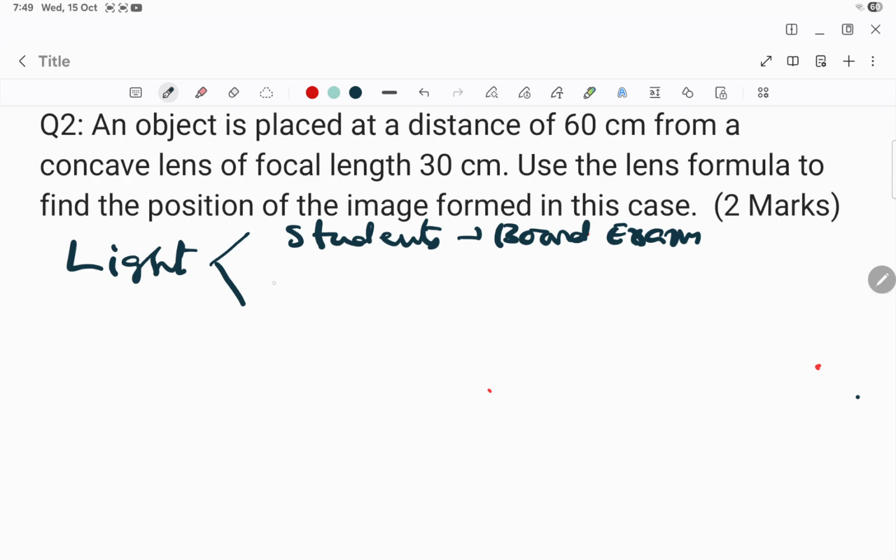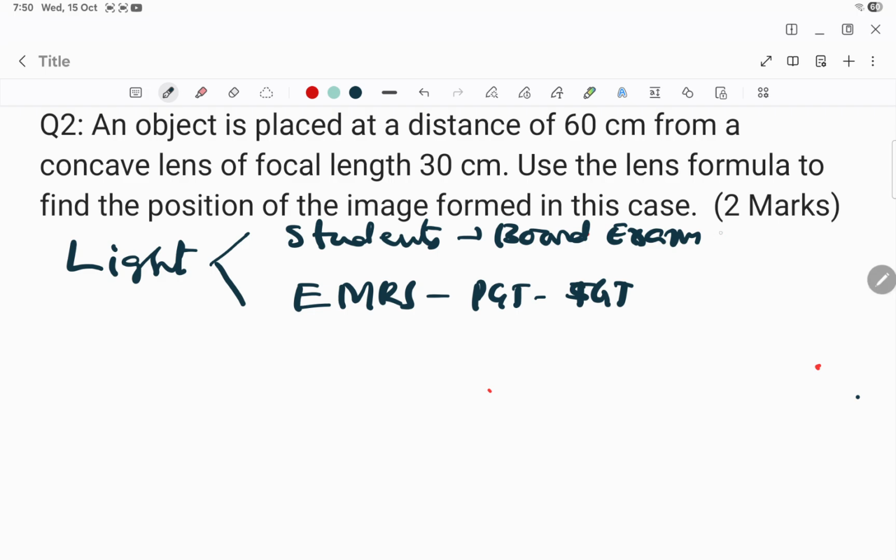Second, it is very useful for applicants who applied for EMRS, PGT physics and TGT candidates also can benefit. So this class is useful for these two kinds of people.